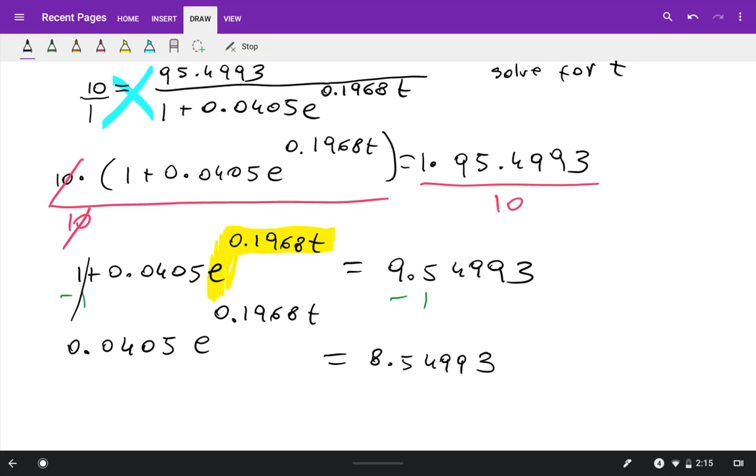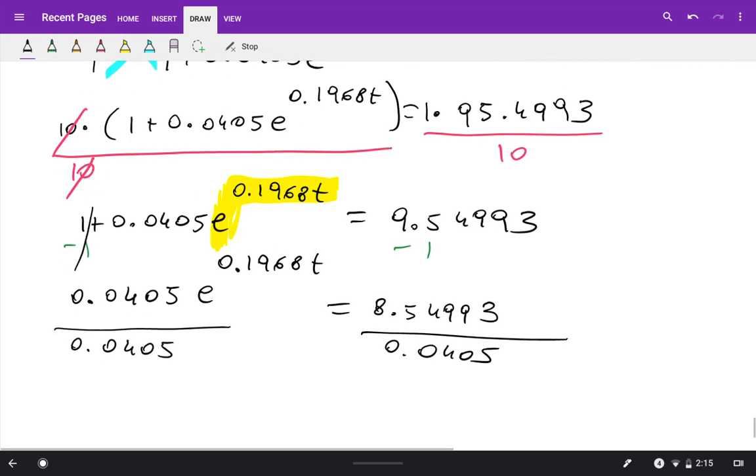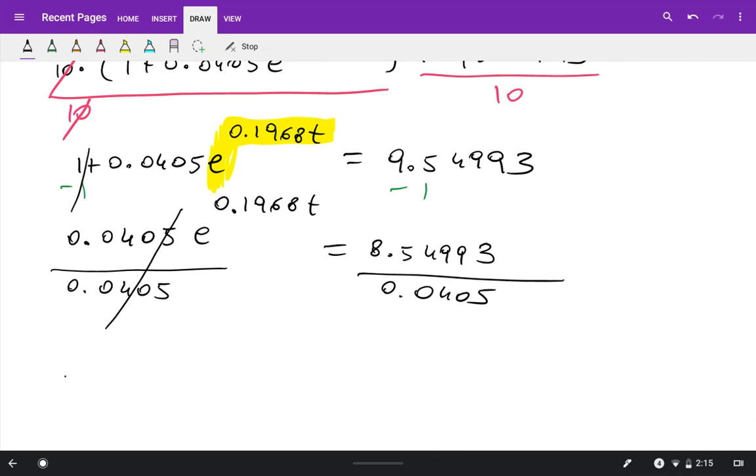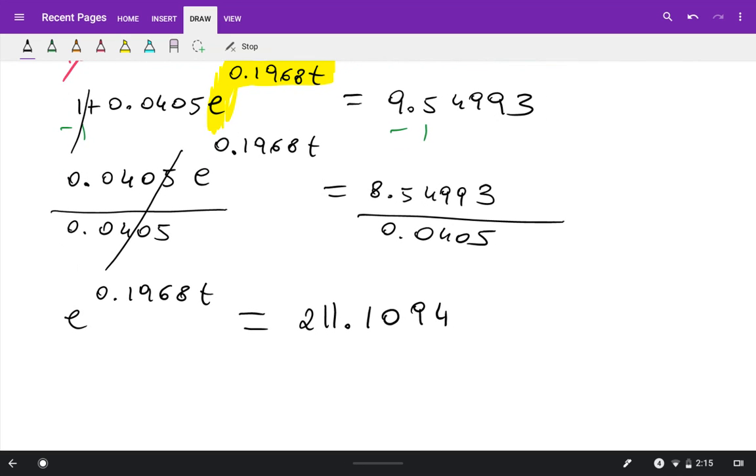And then the last step will be to divide everything by 0.0405, so we can get e by itself, and we're getting e to the power of 0.1968t equals, when we divide it, 211.1094. And now to solve for t, which is the exponent, you change the exponential to a logarithmic function.